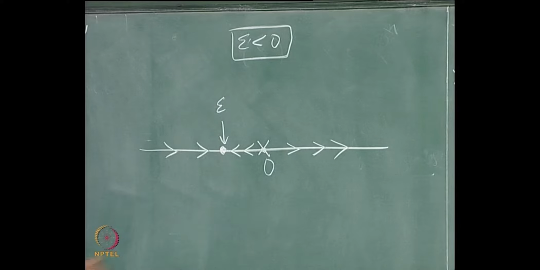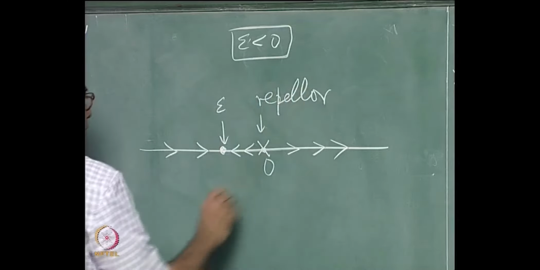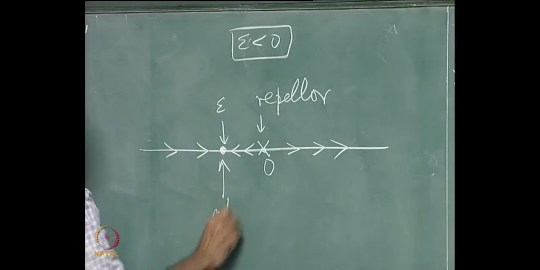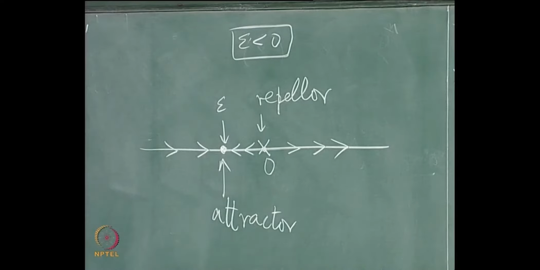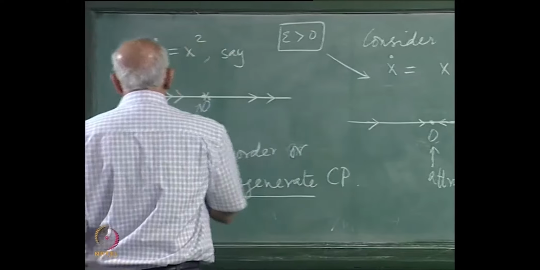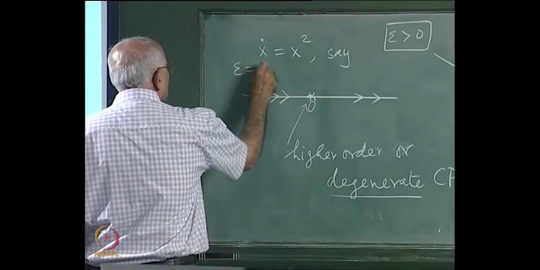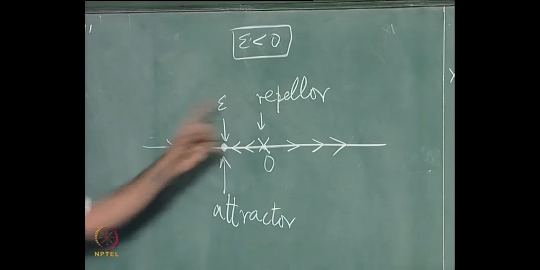So this 0 becomes a repeller and that becomes an attractor. So while this was the picture for epsilon greater than 0, this was the picture for epsilon equal to 0, and that is the picture for epsilon less than 0.